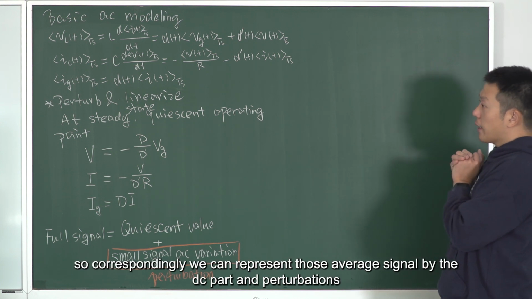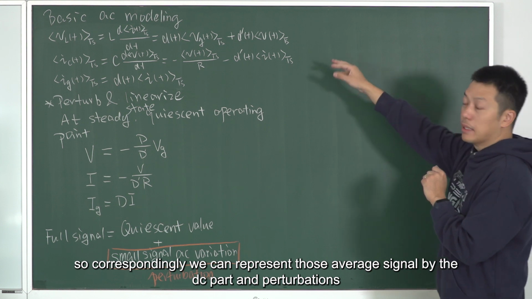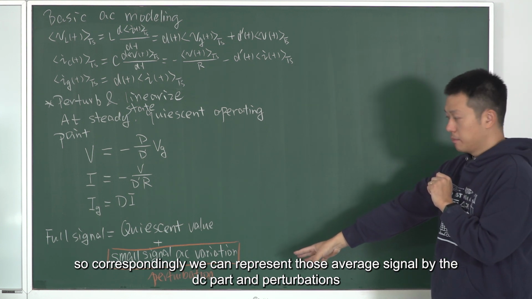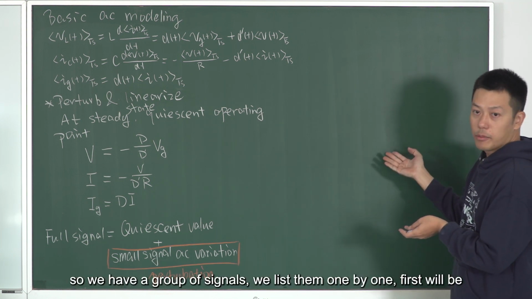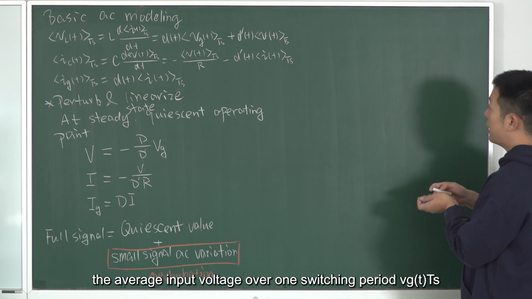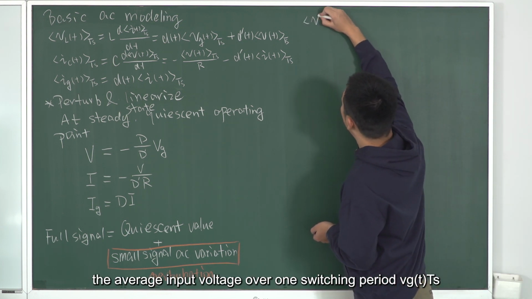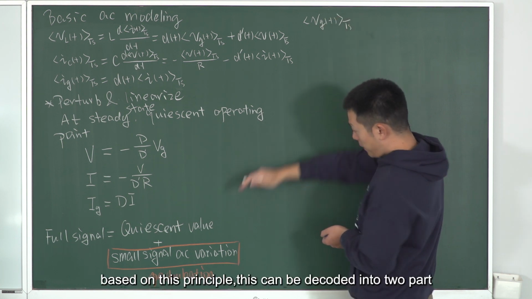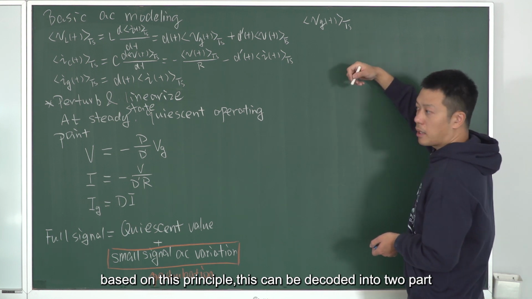So correspondingly, we can represent those average signals by the DC part and perturbations. We have a group of signals. We list them one by one. First will be the average input voltage over one switching period, Vg Ts. Based on this principle, this can be decomposed into two parts.